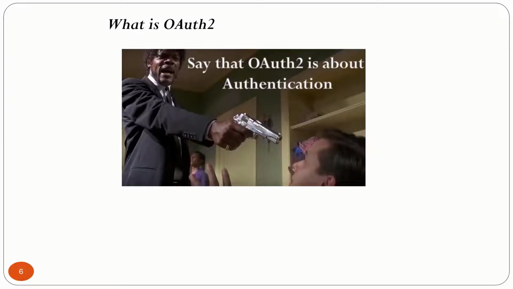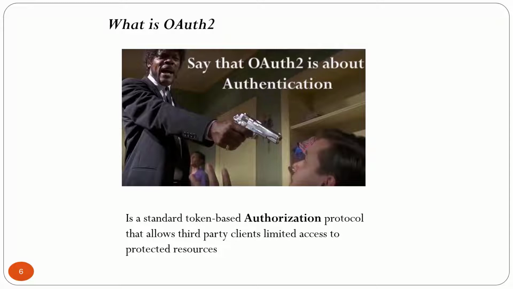But what is OAuth2? OAuth2 is a standard token-based authorization protocol that allows third-party clients limited access to protected resources. I think this is one of the best definitions that I can give of OAuth2.